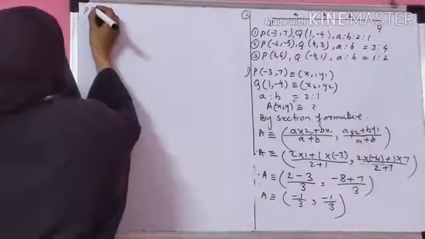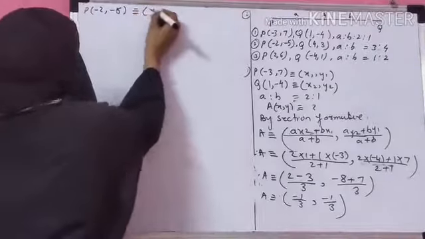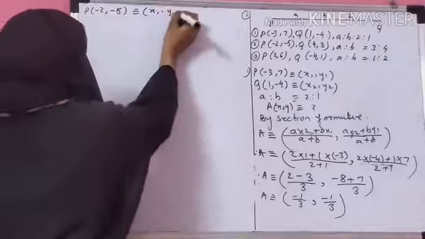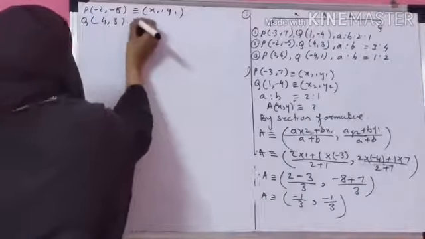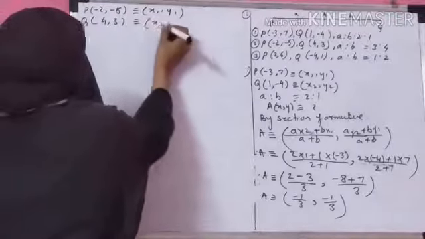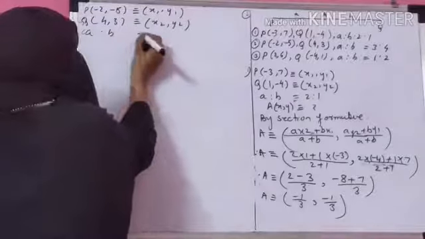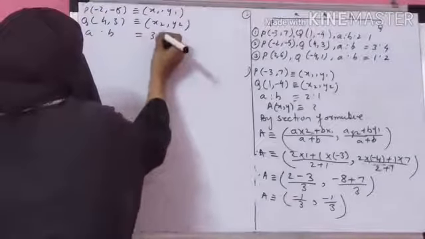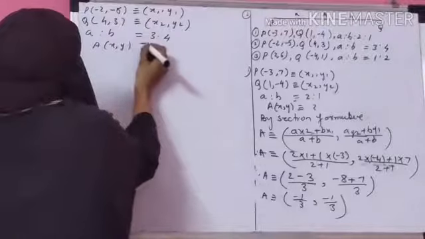For point P: coordinate of point P is minus 2, minus 5, which is nothing but x1 and y1, and coordinate of point Q is 4, 3, which is nothing but x2 and y2, and a is to b is given here, ratio 3 is to 4, and we have to find here the coordinate of point A, that is x and y.